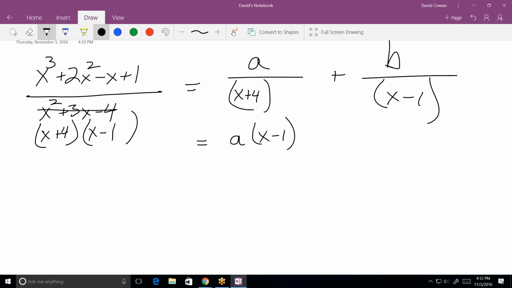Right, let's write it like that, just as an intermediate step. And what goes with the B? x plus 4. If you were looking back on this, trying to figure out what you did, this would be a good thing to be looking at. Now you can combine them.